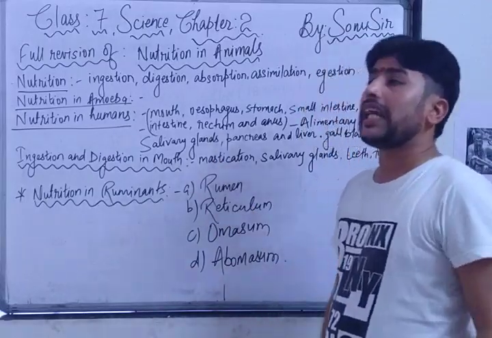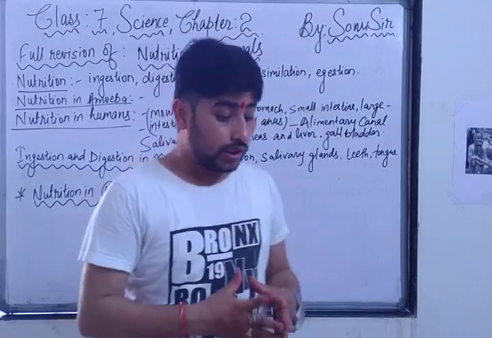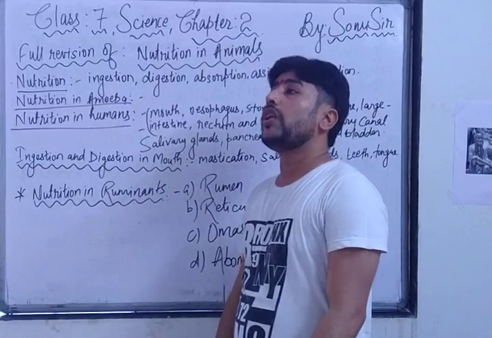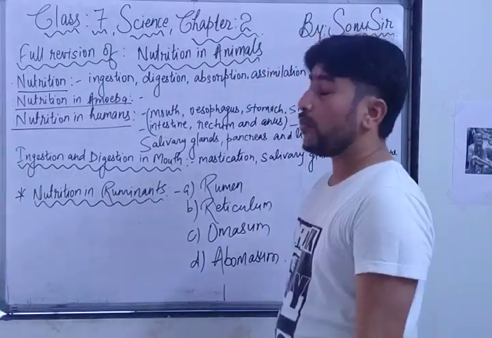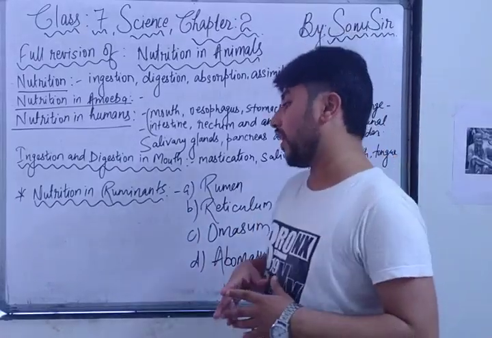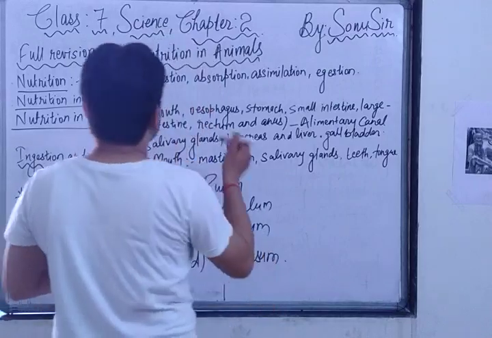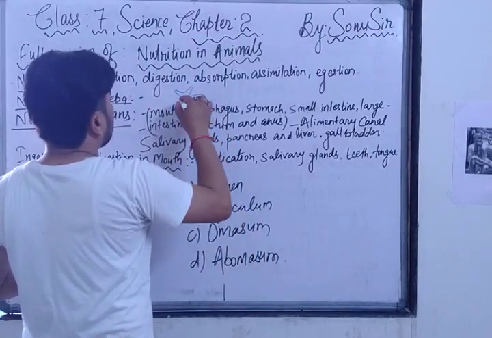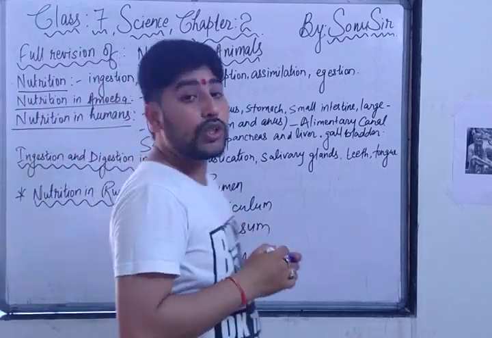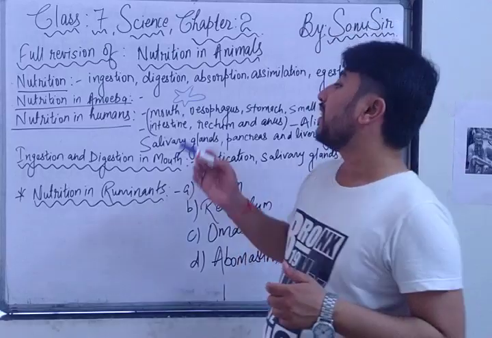So amoeba is a unicellular organism. How does amoeba get nutrition? Because it is a unicellular organism, how does it get it? Amoeba has finger-like projections in its body. What is the meaning of finger-like projection? I am showing you here that the amoeba structure is just like this. This finger-like projection is called pseudopodia, right?